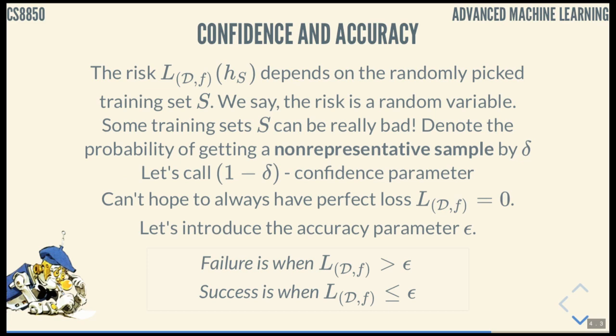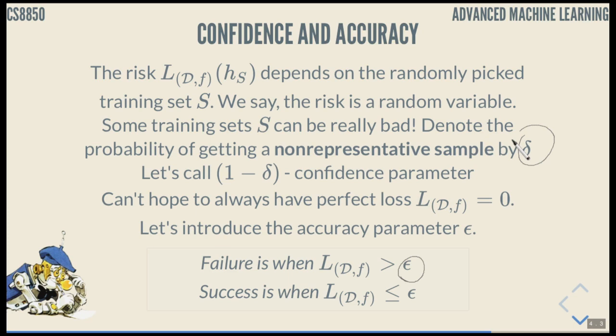So note I'm introducing here two parameters. One is delta, and if we get unlucky, it's the probability of getting an unlucky sample for the training set. If we got unlucky with probability of delta, that's it. We can't do anything. Our loss will always be a failure. We will never achieve a good loss because we can't learn anything from the training set.